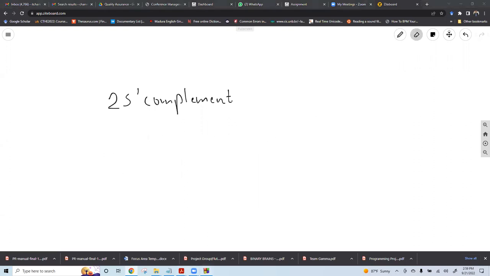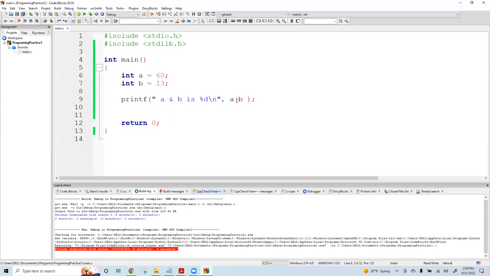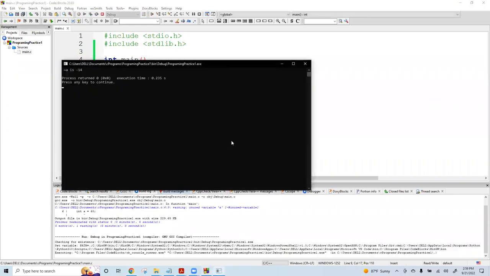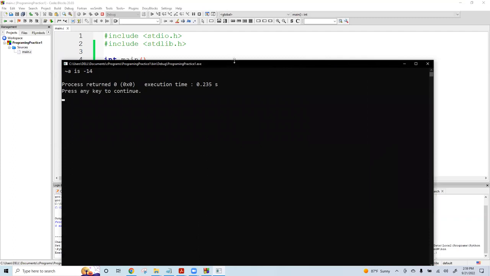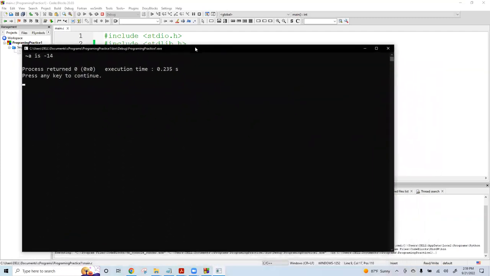So here, this is the symbol that we use to make the bitwise complement. Let's see. The answer is minus 40. Why is that?